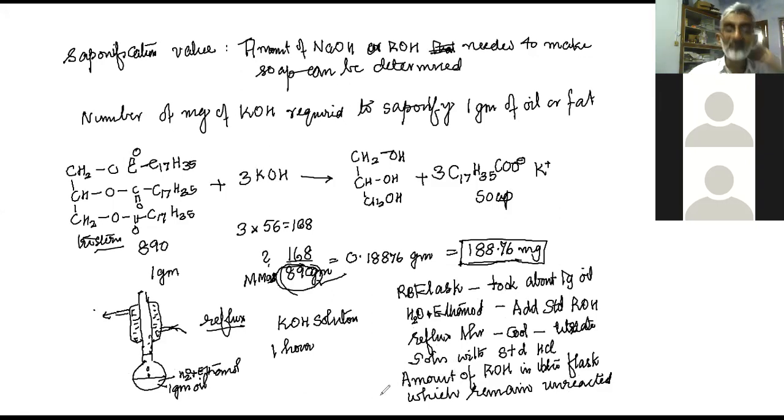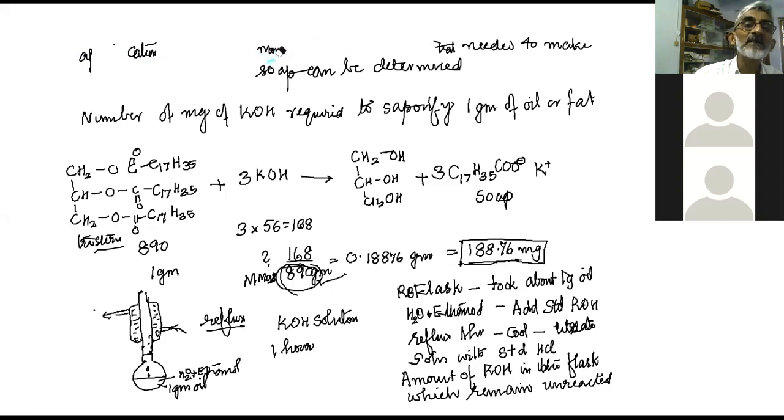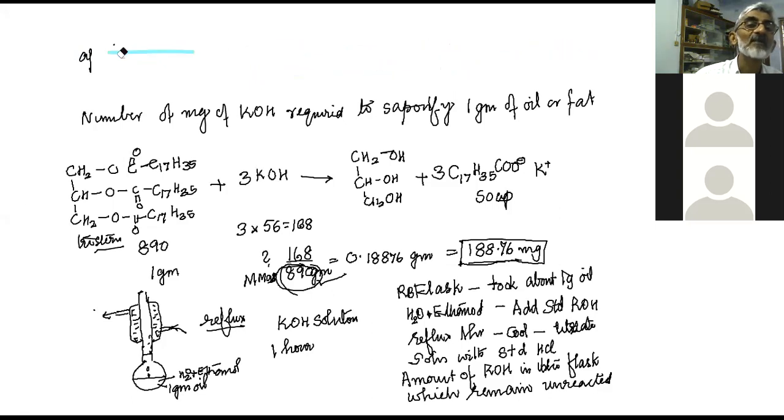Okay. For that purpose, what should we do? To find the initial amount of potassium hydroxide, what we do is take the same amount of potassium hydroxide we have added into the flask. Say, suppose we have added 40 ml of potassium hydroxide here.